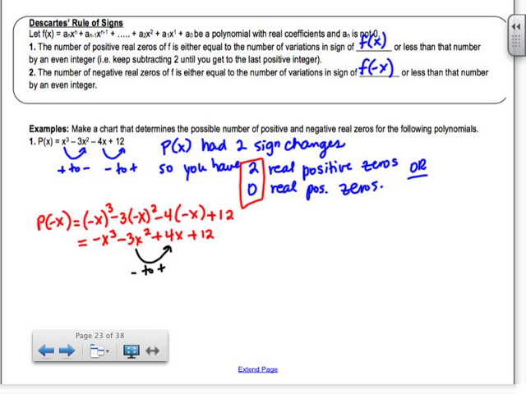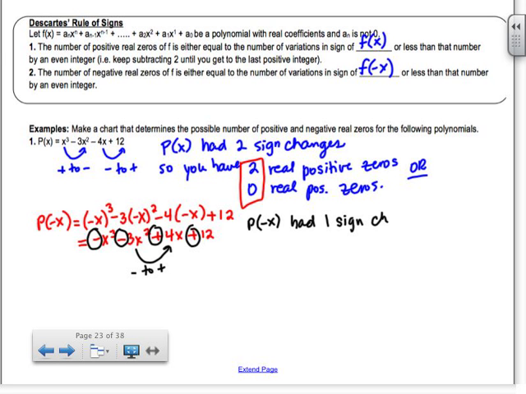You're looking at the numbers out front: negative, negative, plus, plus. So you look for where it changed. It went from negative to negative, so that was okay. But then it went from negative to positive, so we count that. So we do a little swoop underneath it. All right, so what this means is that p of negative x had 1 sign change.